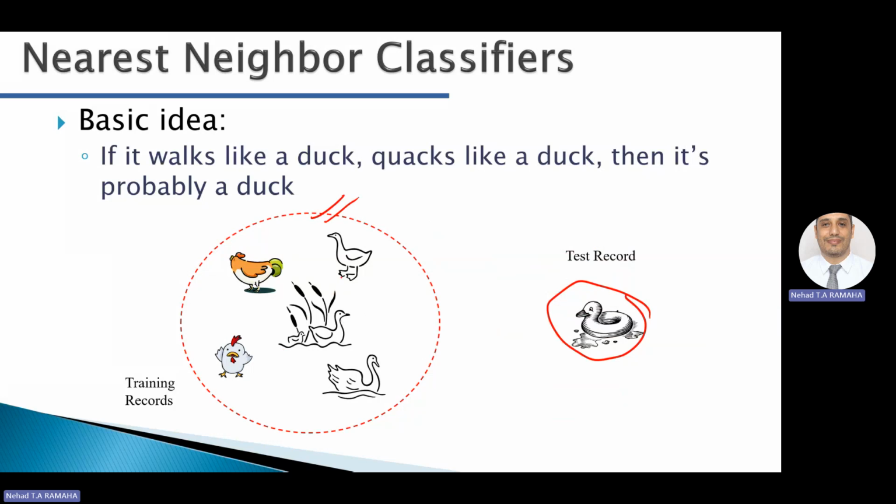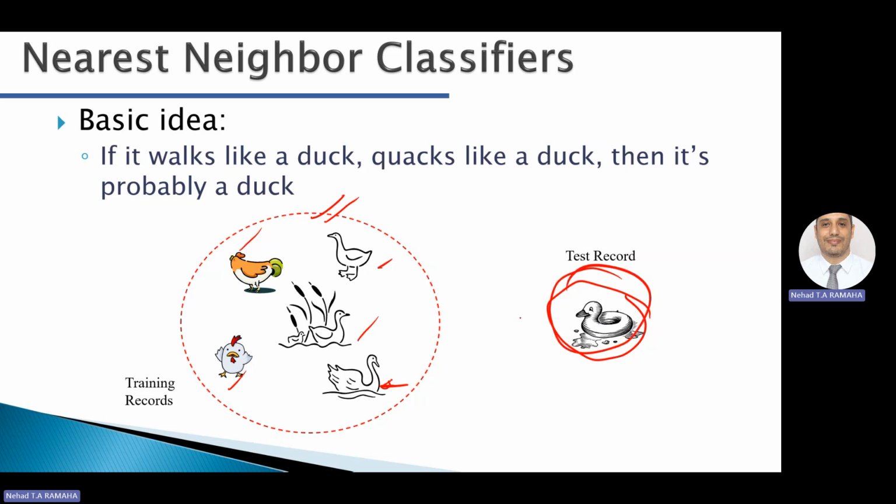We know that this one is a duck, for example, this one a chick, this one chickens, this one goose. So, is this one a duck?